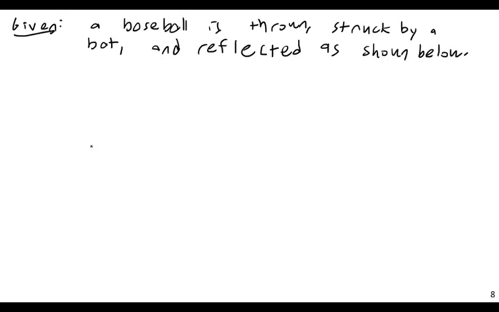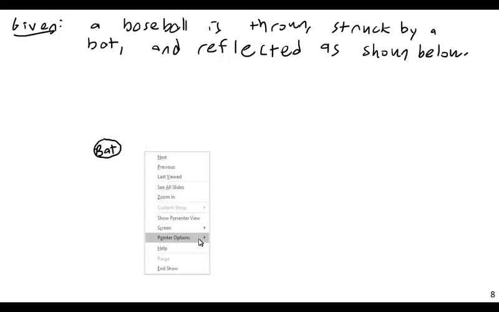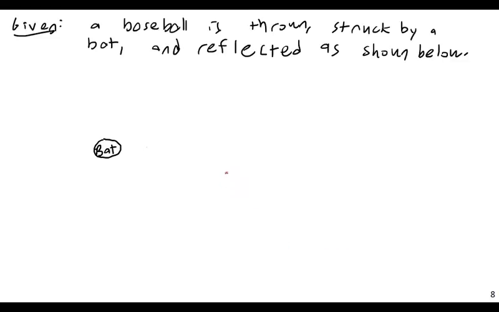So I have a bat here. So this bat is going to hit it, and initially the baseball comes in at, let's say, 80 feet per second. And this bat is both going to change the magnitude and direction of the ball's motion.